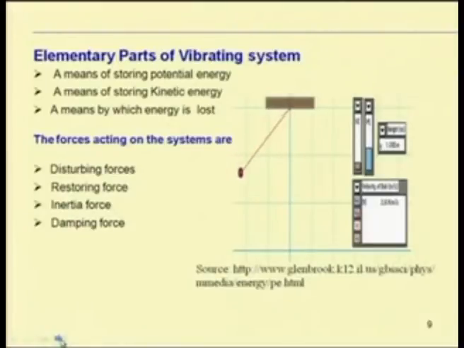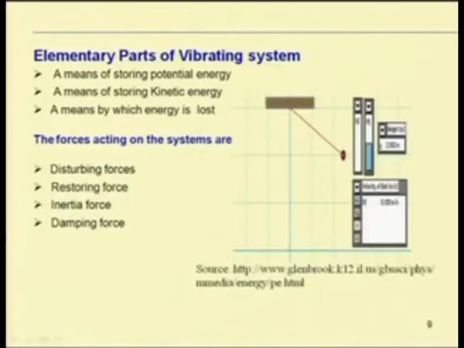One has to apply a disturbing force and then it will come to a position where all the energy is converted to potential energy. Here it is subjected to a restoring force, and when it comes to the equilibrium position, the velocity becomes 0, but due to inertia the system is subjected to a force and it comes back in this direction.